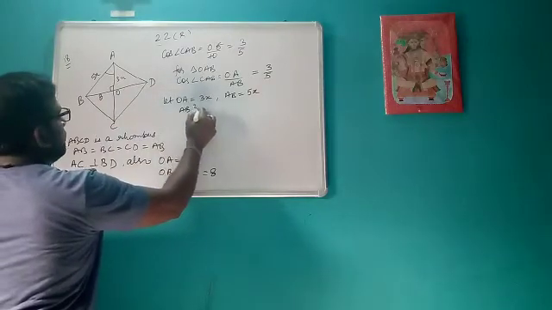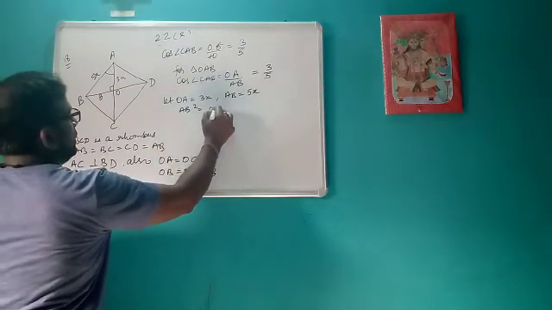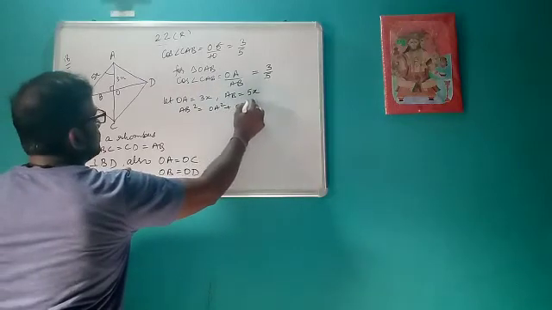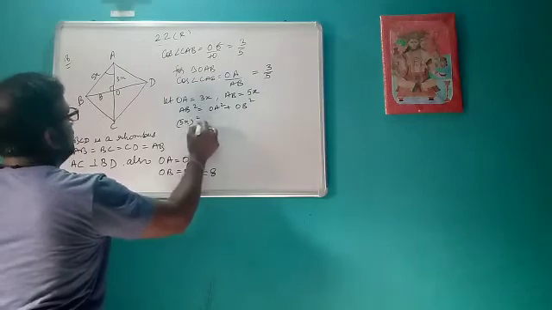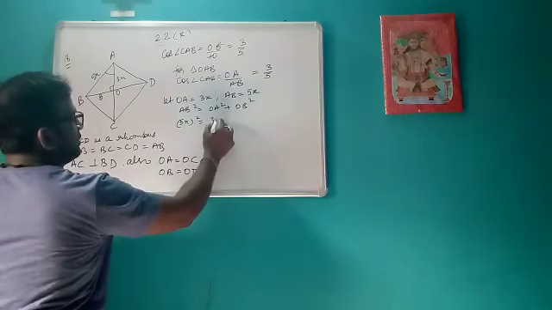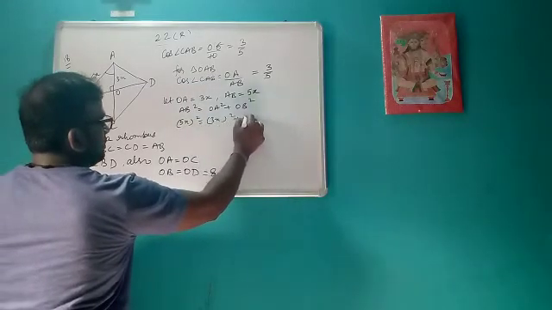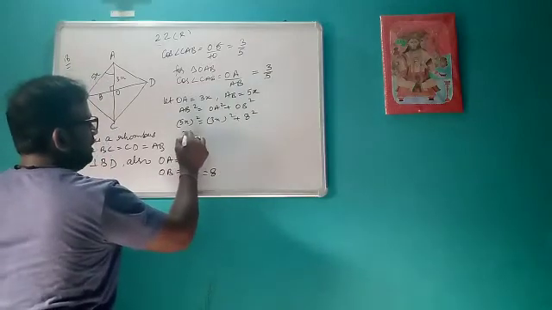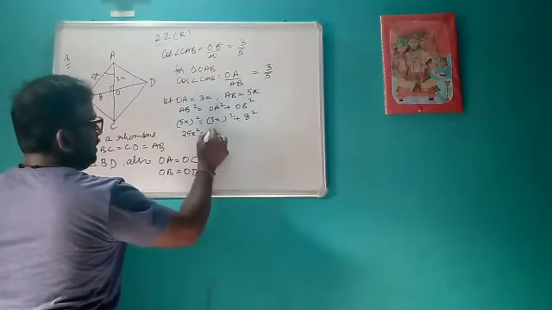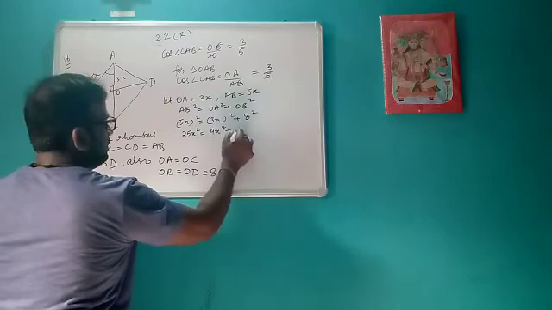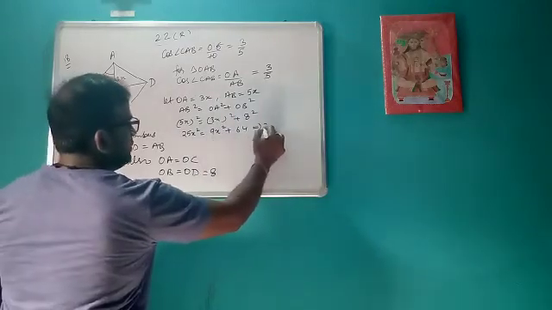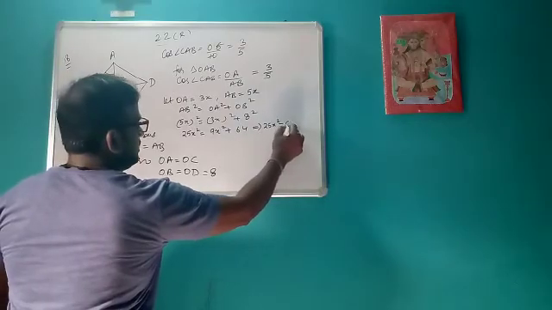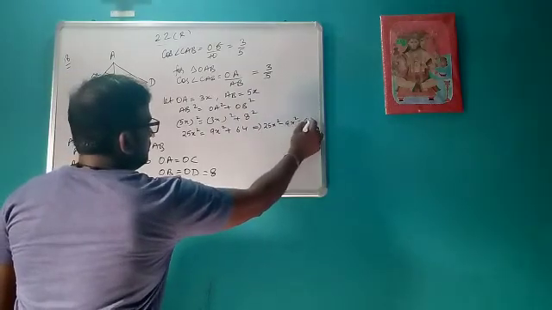So AB square equal to OA square plus OB square. So AB is 5x whole square, OA is 3x whole square plus 8 square. So it will be 25x square equals 9x square plus 64. That means 25x square minus 9x square equal to 64.